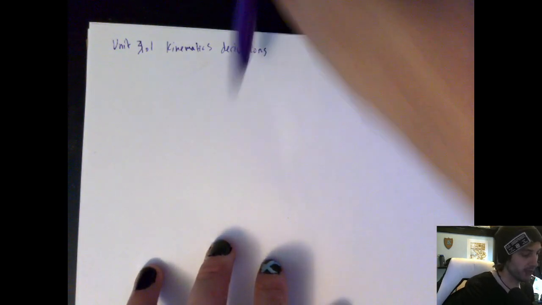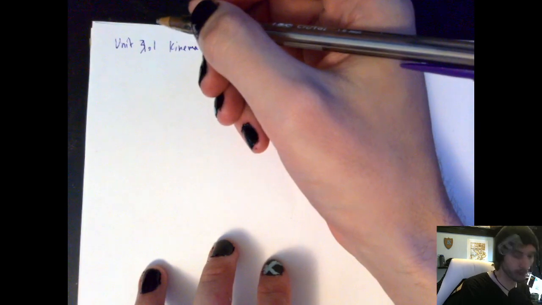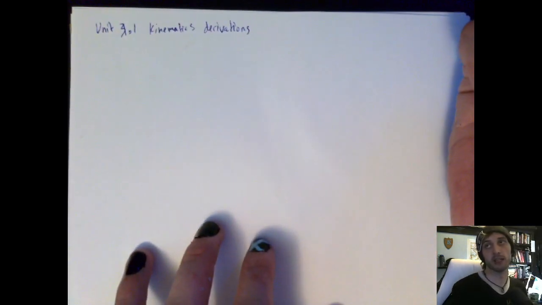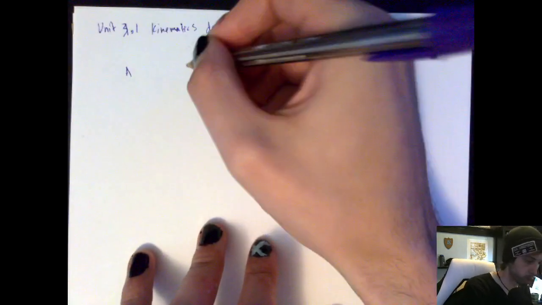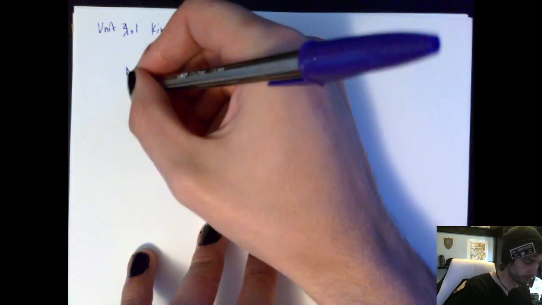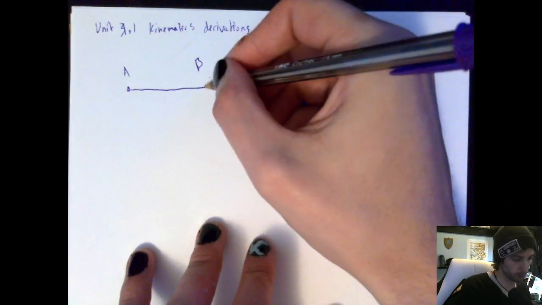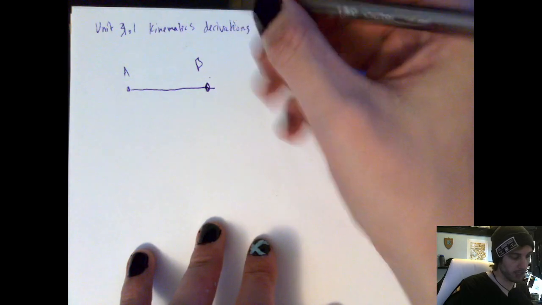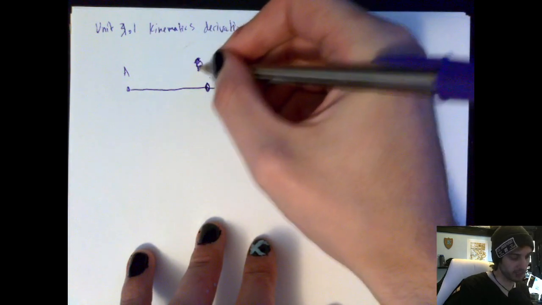So what I want to do is say, okay, let's think about an object that's going from point A to point B. And let's actually be a little bit less specific than that.